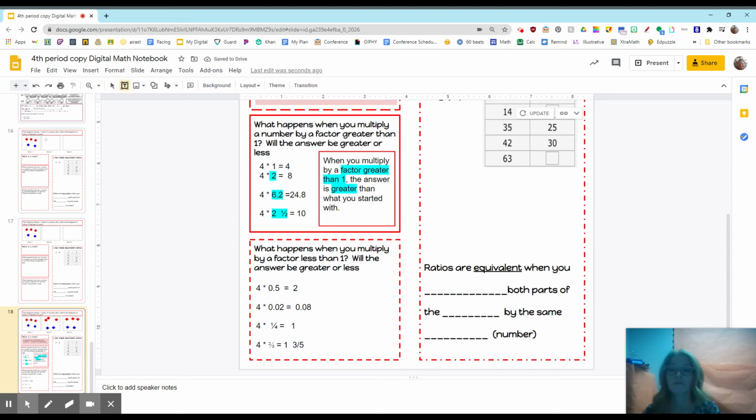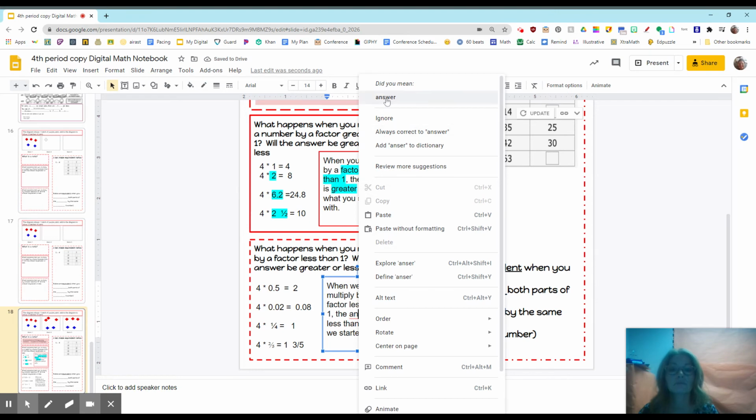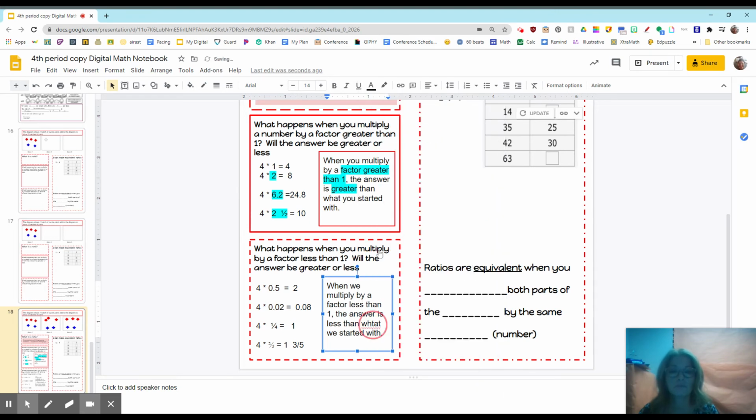So when we multiply by a factor less than 1, the answer is less than what we started with. I just want to highlight.